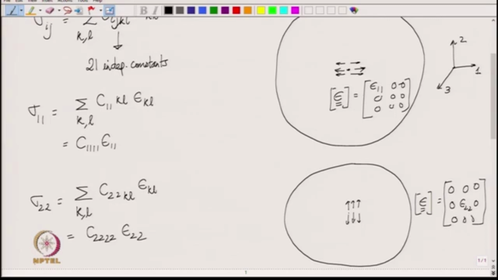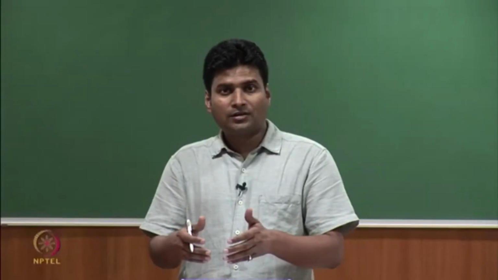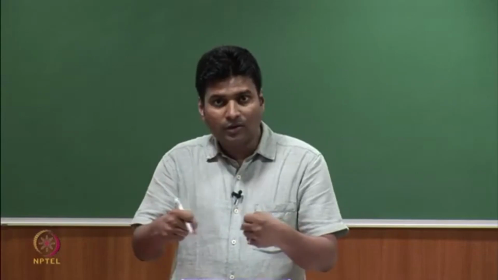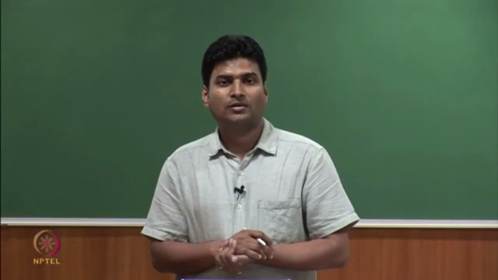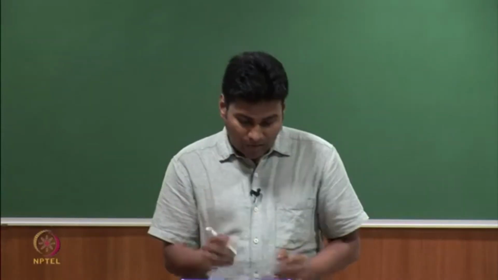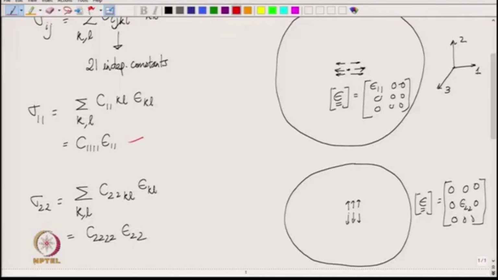So, the response of the material, the response meaning that when you apply strain, stress gets developed in the material. So, that is the response of the material. So, the response in the first case, sigma 1 1, and in the second case, sigma 2 2, would be the same if this were isotropic. Now, compare these two formulas.